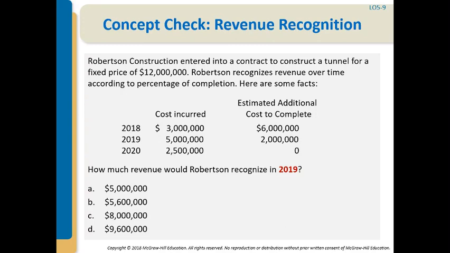Okay, same basic deal. Except here, how much revenue would Robertson recognize in 2019? Okay, so here, costs incurred 3 million in 2018, another 5 million, so 8 million total. They're 66 and a third, 2/3 complete. Are they not? No, they're 80% complete.